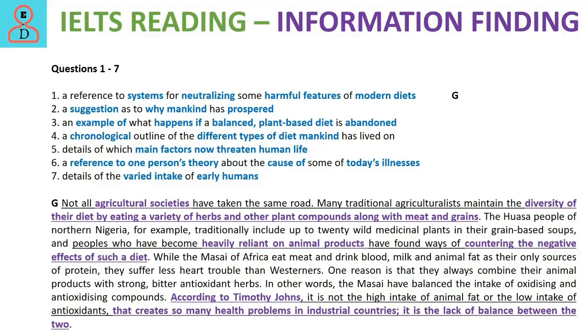But here we can easily locate the synonyms for these 2 keywords. For cause, the synonym used is "create." For today, the suggestive words are "industrial countries," and for illnesses, we have "health problems." Therefore, we can confidently say that paragraph G is the answer for statement number 6 as well.